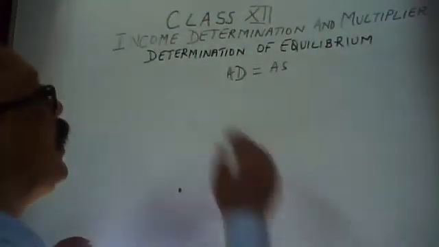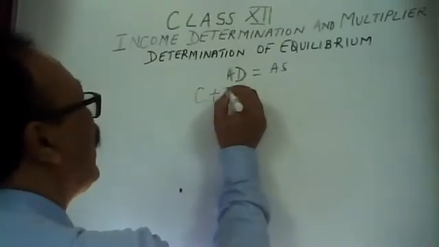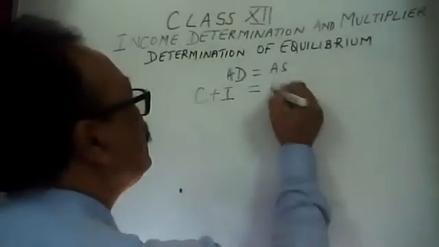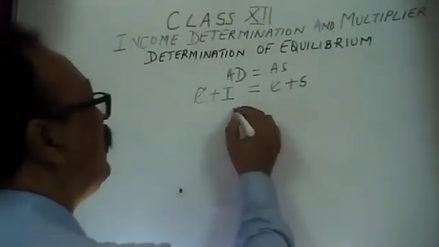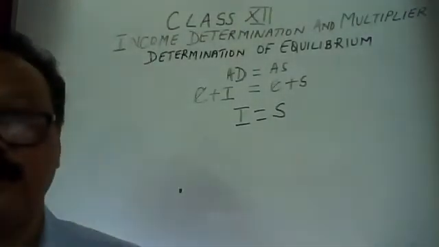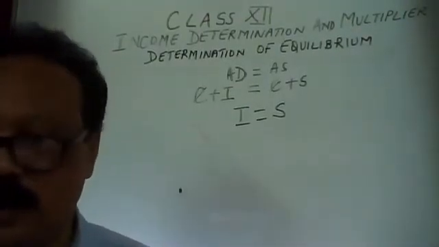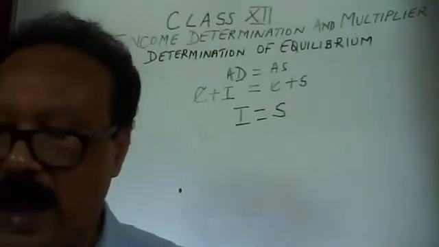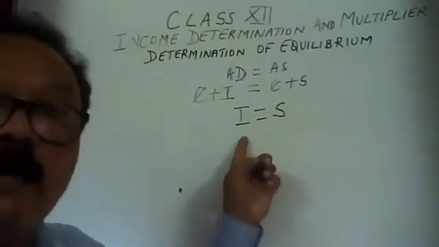So if you would see AD, what is AD? AD is C plus I. What is AS? C plus S. So when we remove the common factor, I is equal to S. So we say the equilibrium level of income and employment, which is output, is determined when aggregate demand is equal to aggregate supply and the level of planned savings equals planned investment.